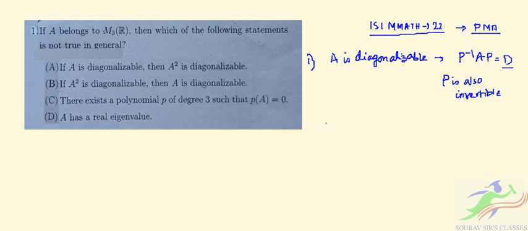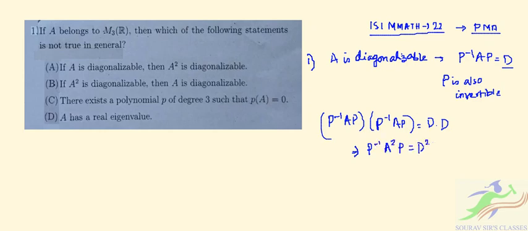Then if I multiply P inverse A P with P inverse A P, that is D dot D, which gives P inverse A square P equal to D square.